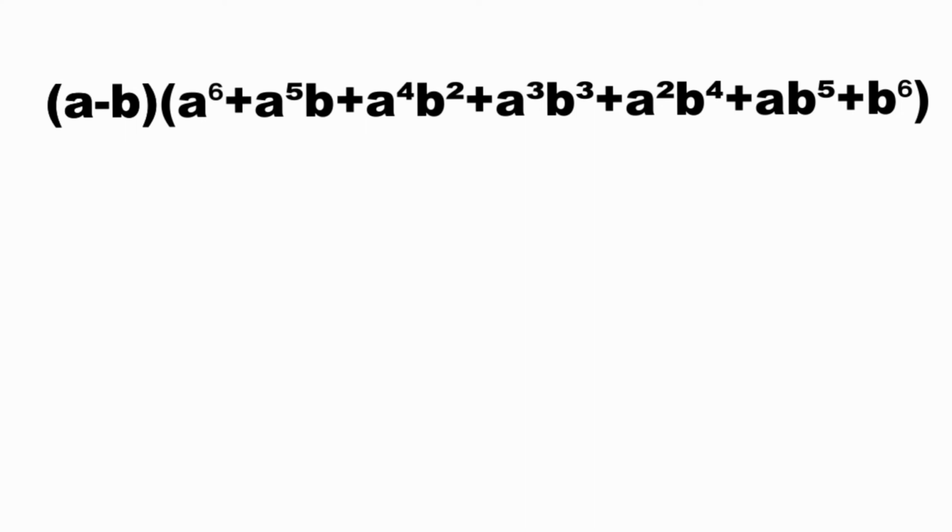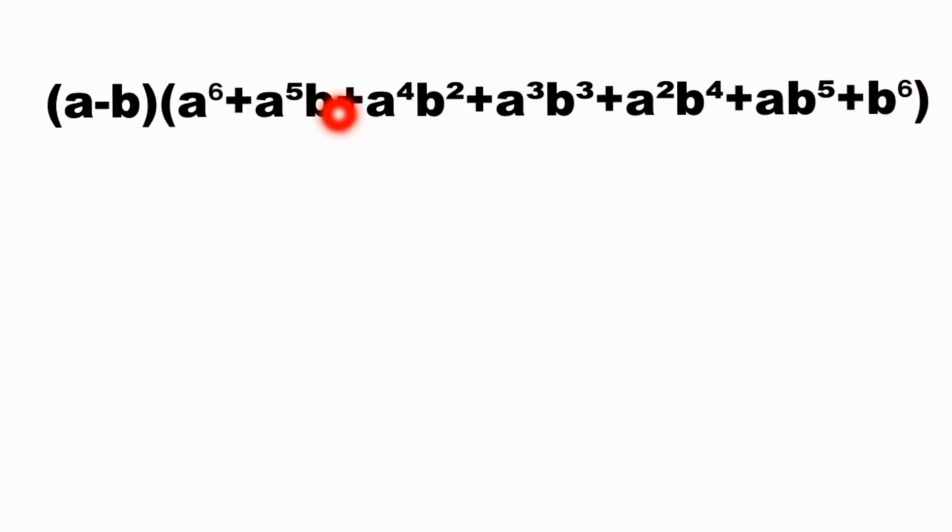So in order to have a power of 7, you should have a quantity a minus b times a to the 6 plus a to the fifth b plus a to the fourth b squared plus a cube b cube plus a squared b to the fourth plus a b to the fifth plus b to the sixth.